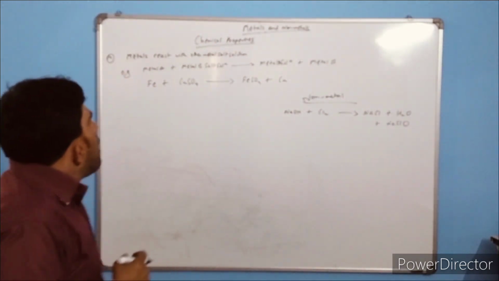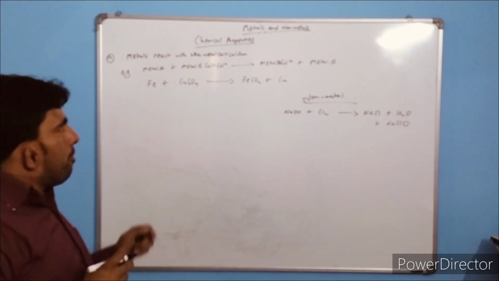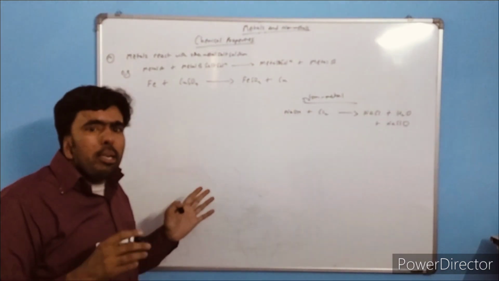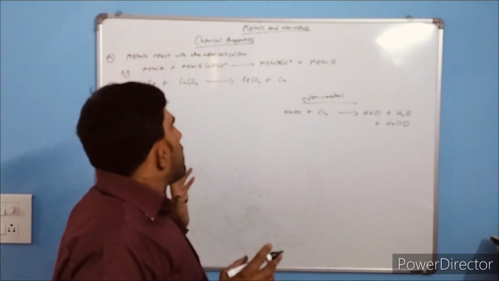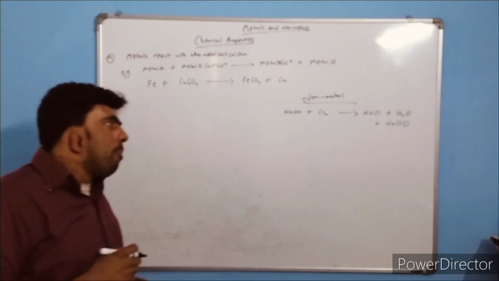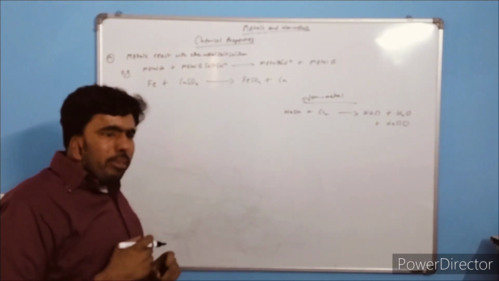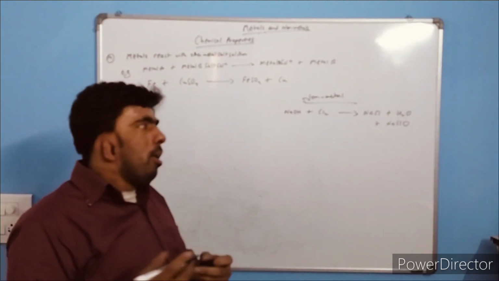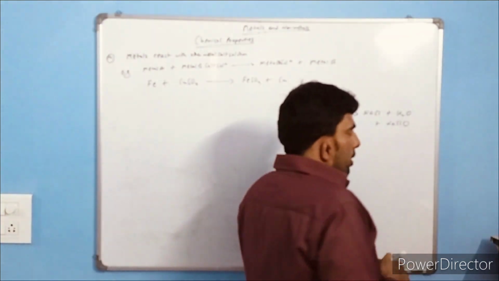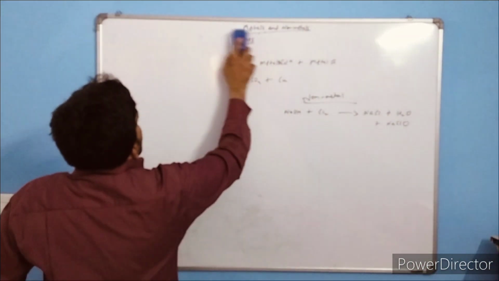One more thing we can talk about: now we have seen that they are different in nature. They have different chemical properties. They react to different types of compounds. So now when we say reaction of metal and non-metal, what will happen? Reaction of metal and non-metal.